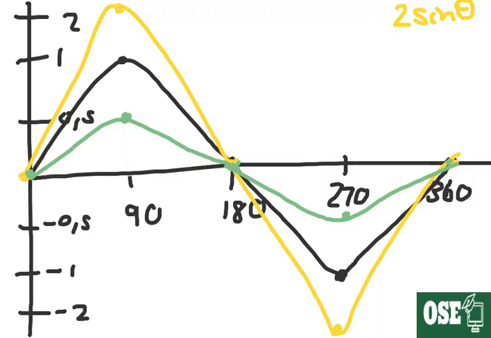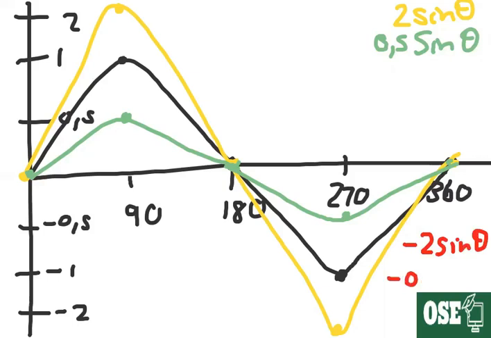Okay, wait, I forgot to write the formula for this one. 0.5 sine theta. And then here we have negative, I'm going to do -2 sine theta and negative 0.5 sine theta.